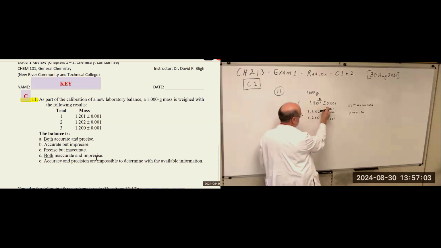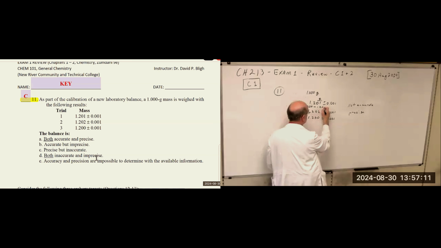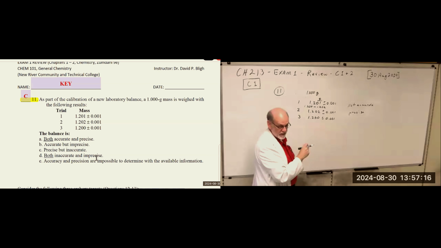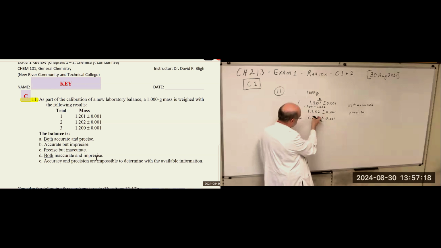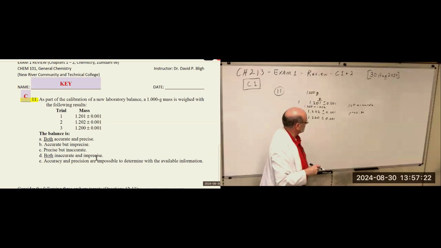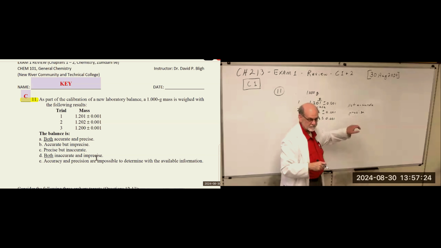And if you say plus or minus 0.001, that means this is either 1.200 to 1.202. That's the range that's permitted for that measurement. So these two fall within that range. That tells you something about the precision.